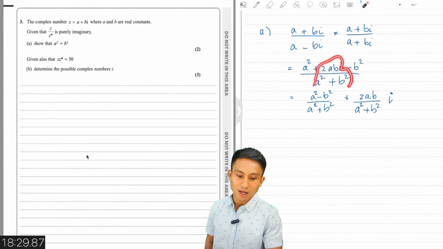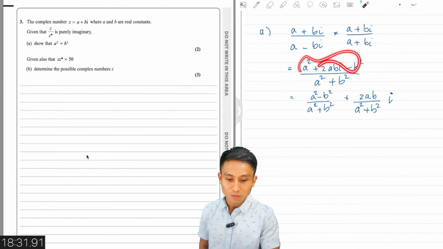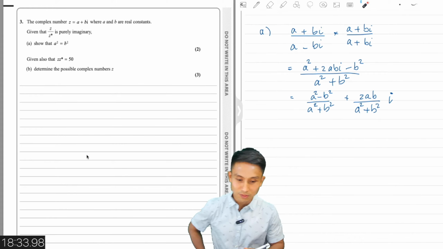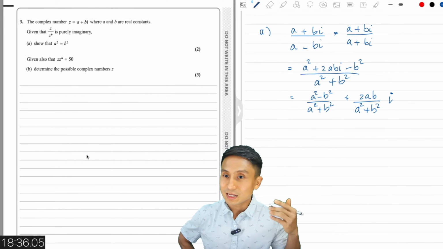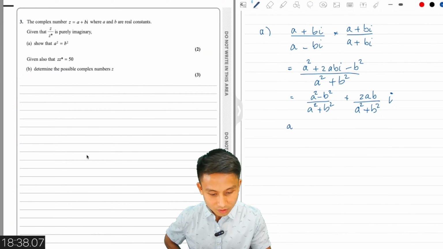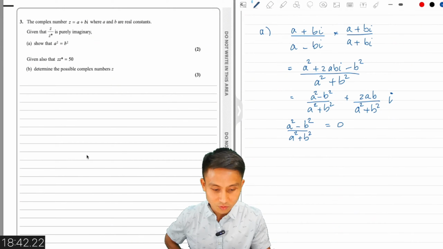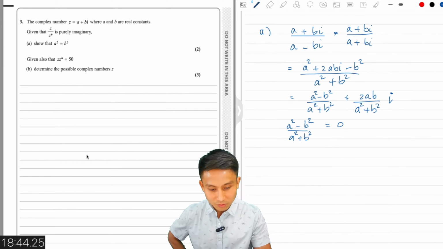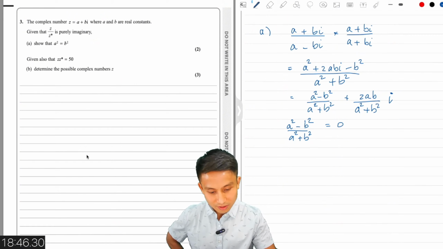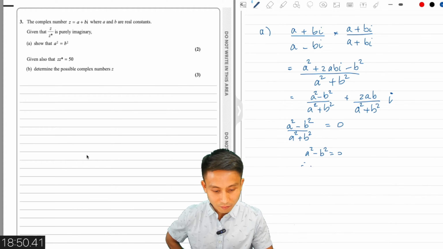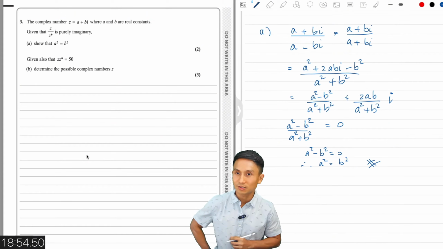So we are given that the real part is 0. So we say a squared minus b squared divided by a squared plus b squared is equal to 0. That means we have to cancel this thing out. And then we can say a squared minus b squared equals 0. Therefore, a squared equals b squared as required. Okay, that's just part A done.